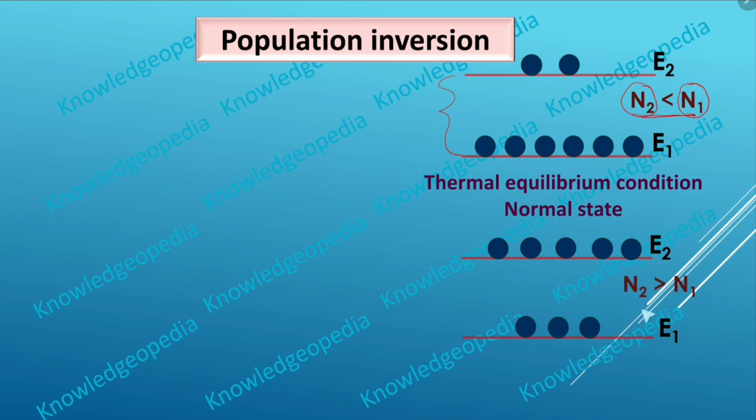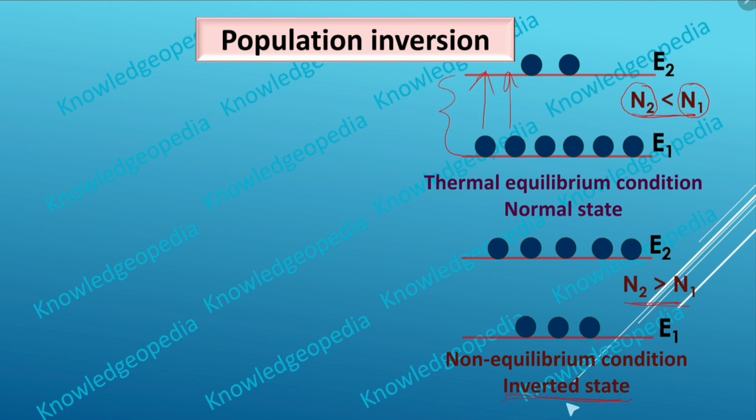That means N2 is greater than N1, but this is not an equilibrium condition, because we are giving some energy to move these atoms to the excited state.